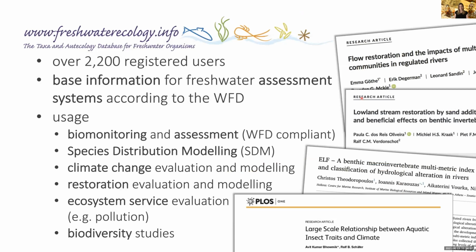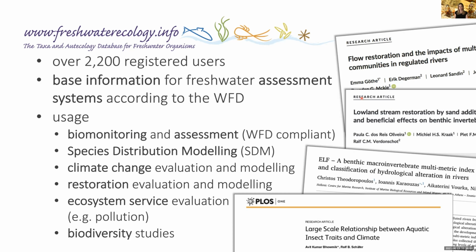The database has a registering process, and currently we have over 2,200 registered users. The information that we offer in this trait database is the base information that is used for freshwater assessment in the European Union according to the Water Framework Directive.